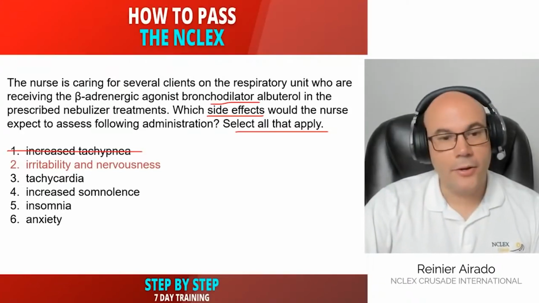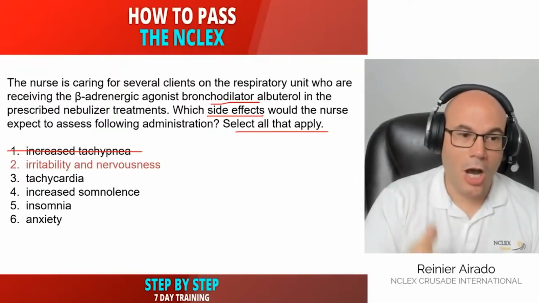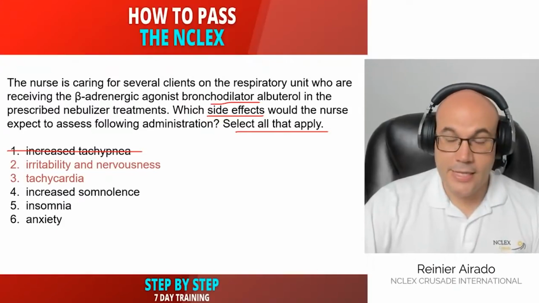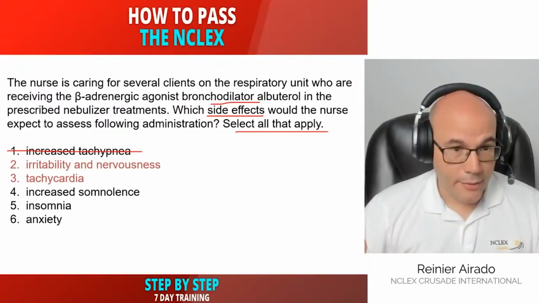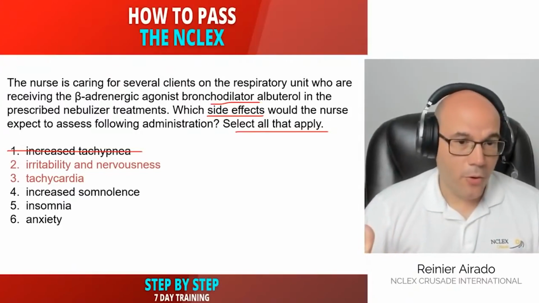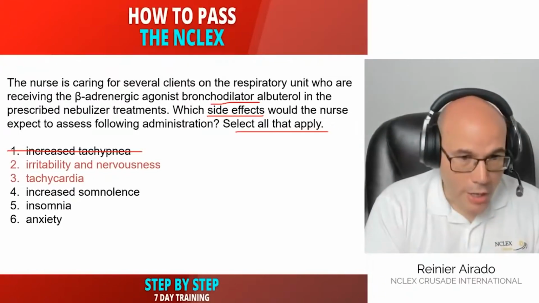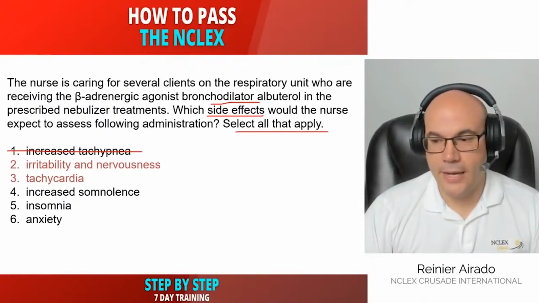We see that the heart rate goes up. So we see tachycardia. This is why in patients that are already tachycardic, we have to be careful when giving this medication. So tachycardia is a side effect of this medication.